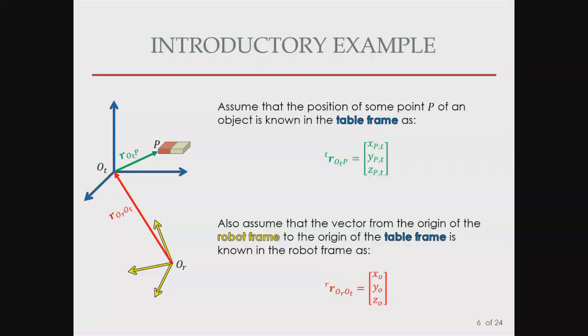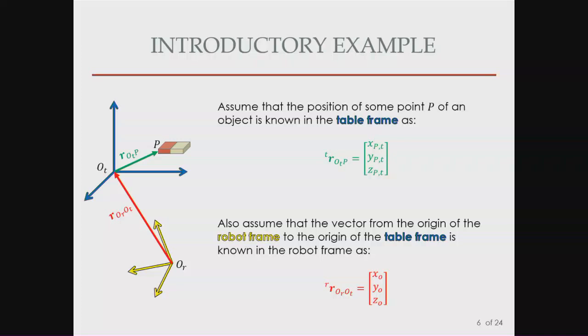So I would write here little r, r to stand for robot frame. It means that the x, y, z coordinates that I write here are projections onto the x, y, z axes of the robot frame. This will be a bit clearer later.